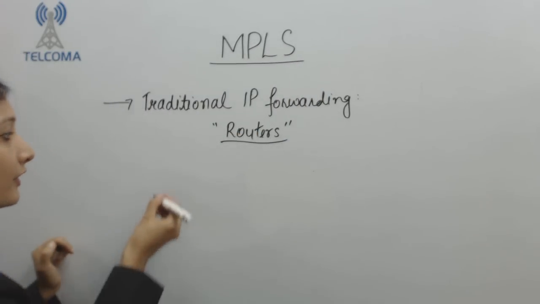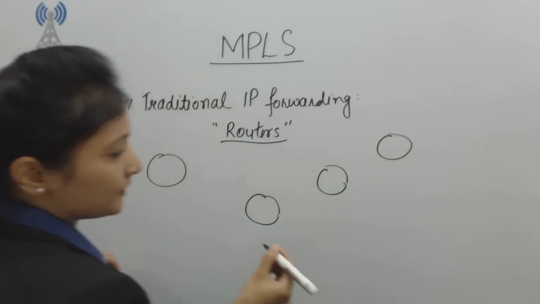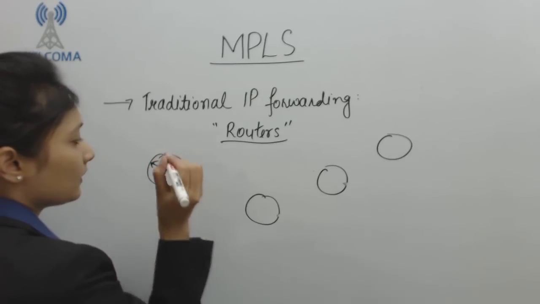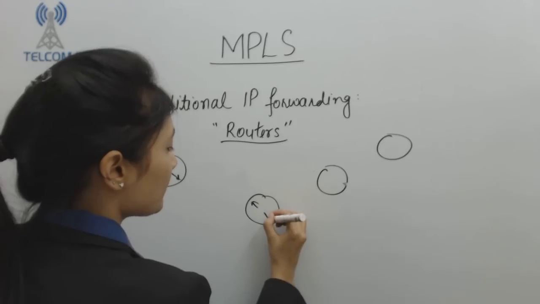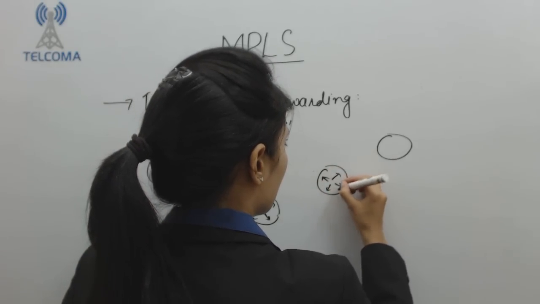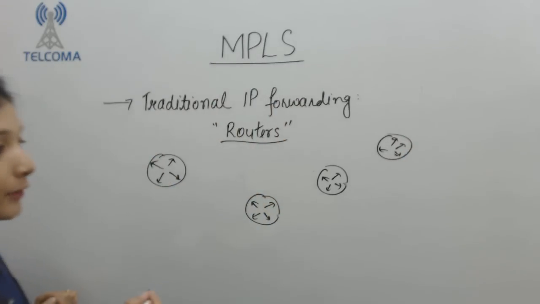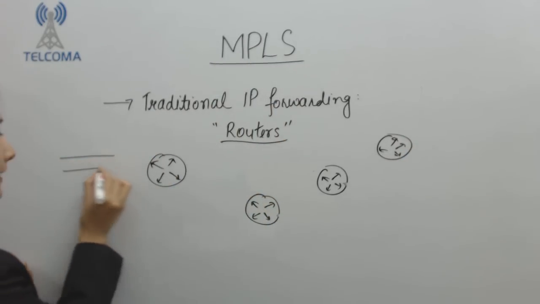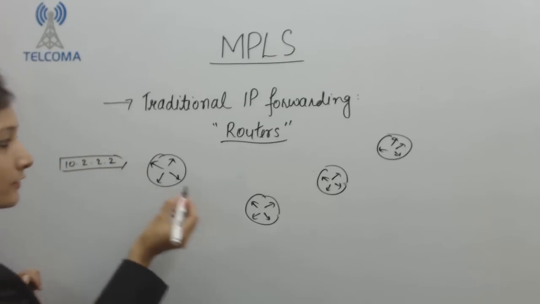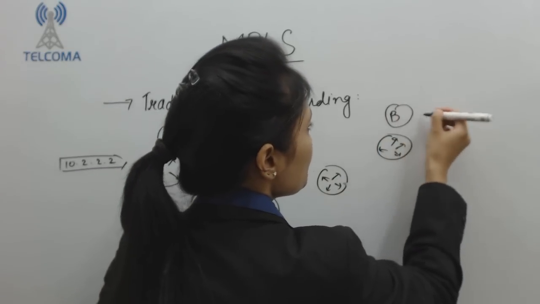That means we have a number of routers here. So what will happen when data is to be forwarded through this IP domain? For example, it has to be forwarded from the source to this destination.